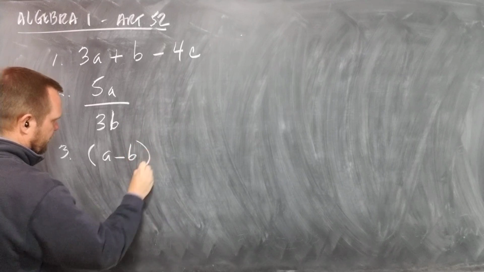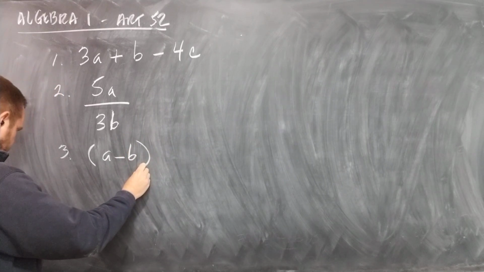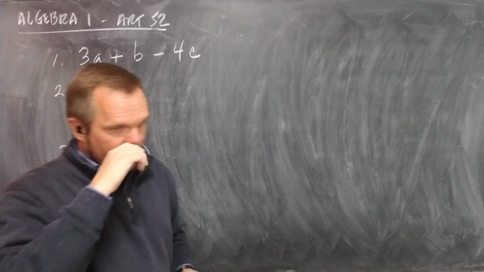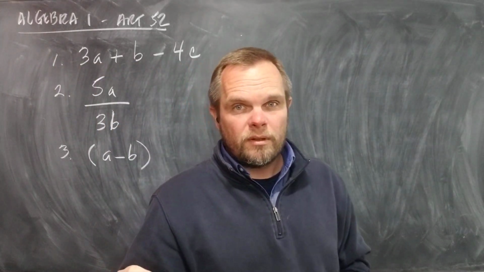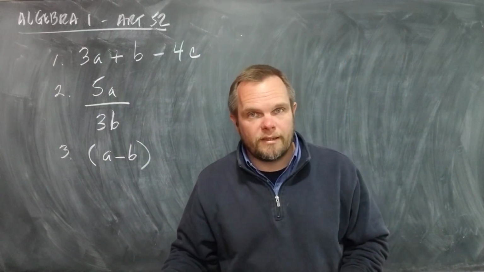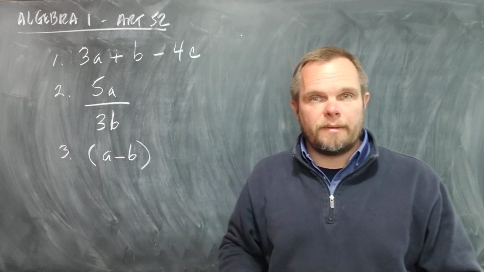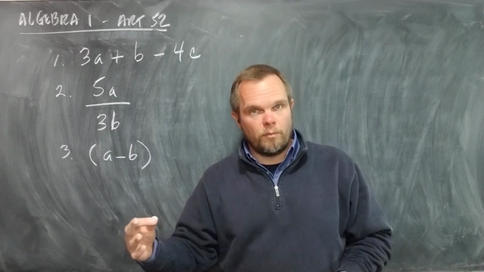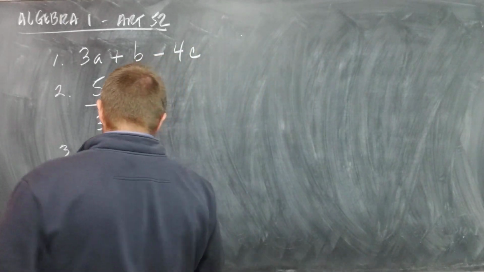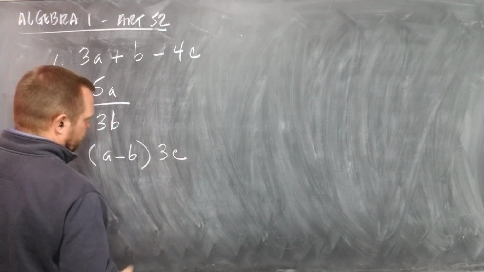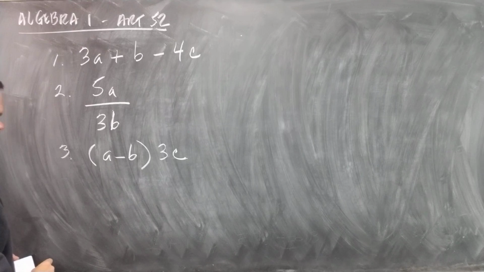A minus B into, and we learned in our definitions that the word into in this textbook is used to express multiplication. I may have commented on that. Into 3 times C expresses multiplication.